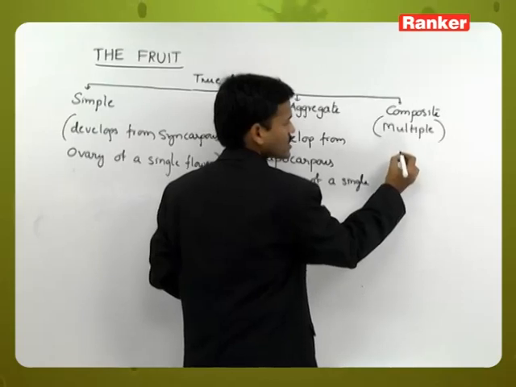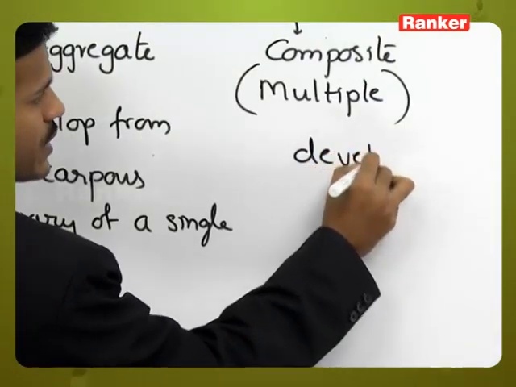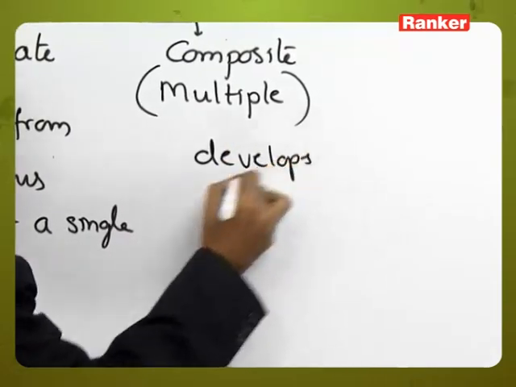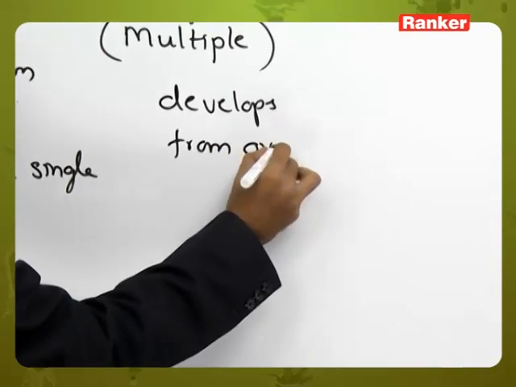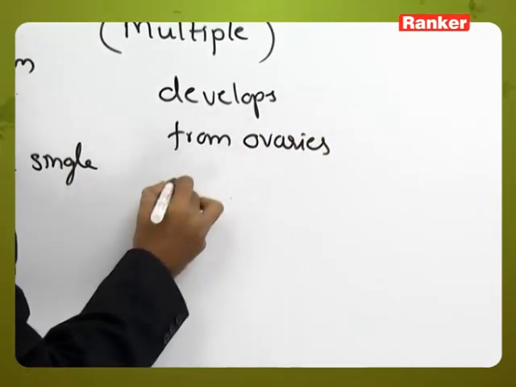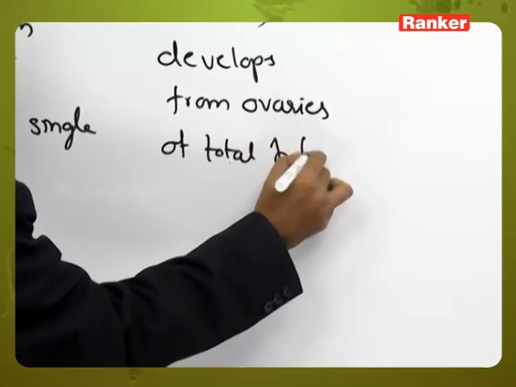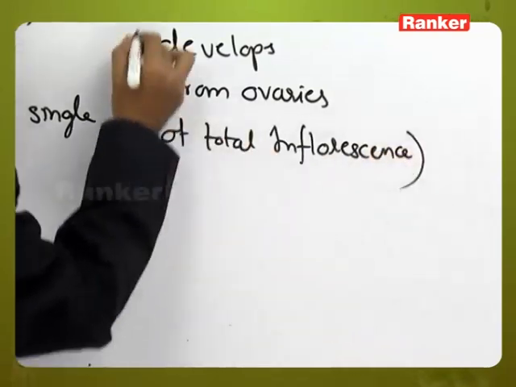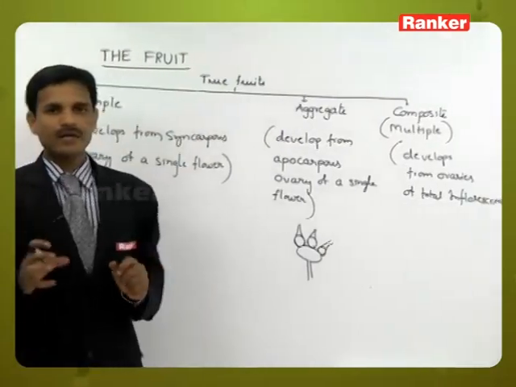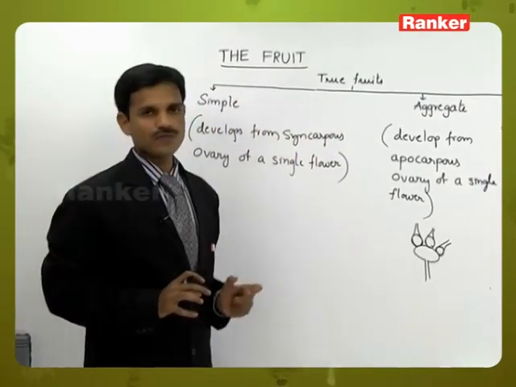A composite fruit develops from the ovaries of the total inflorescence. So this is the main difference between simple fruits, aggregate fruits and composite fruits.